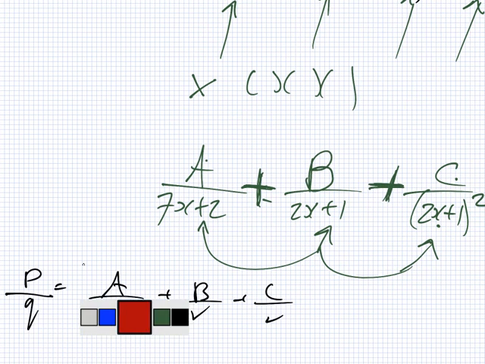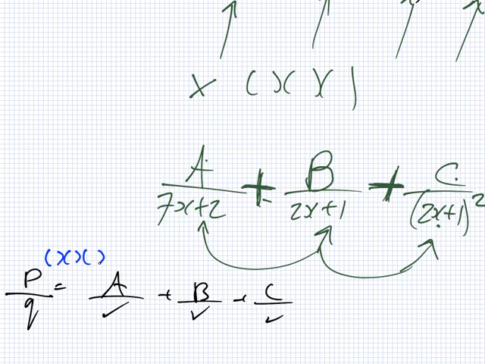So what you do is you multiply by the 7x plus 2, the 2x plus 1, and the 2x plus 1. Those three cancel the cubic here. The 7x plus 2 cancels the 7x plus 2. Here, one of these cancels one of these, so you're left with two of them.